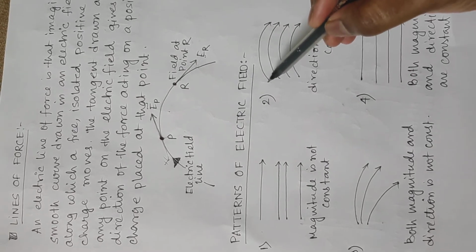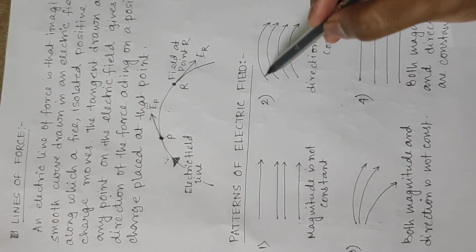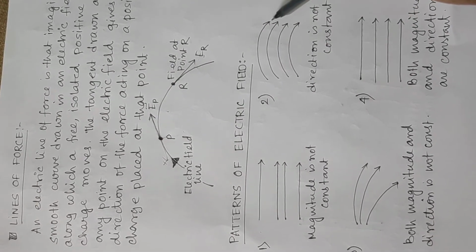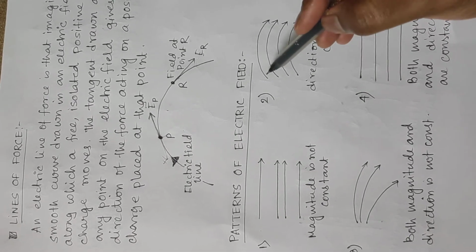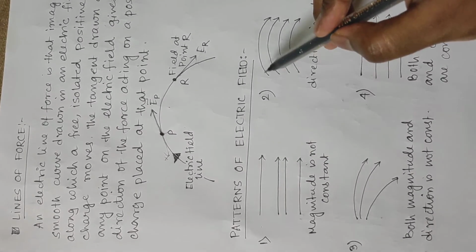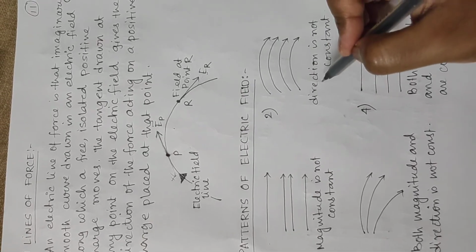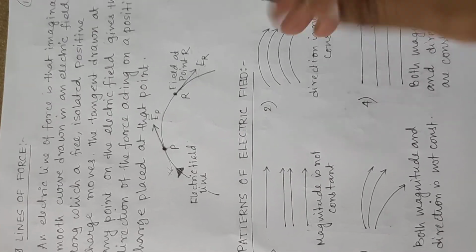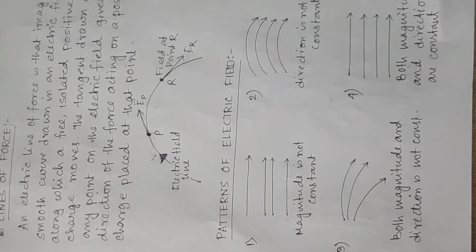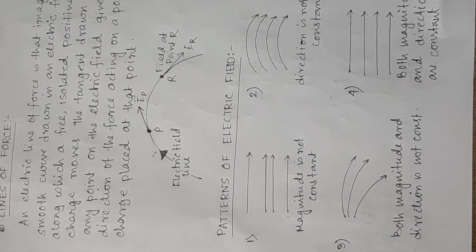Next, if the spacing between the lines is equal and the lines are parallel, but they are not straight, we can say that the direction is not constant. That means the direction of the electric field keeps on changing.